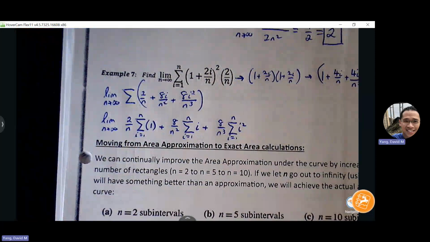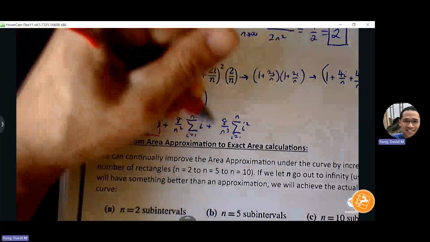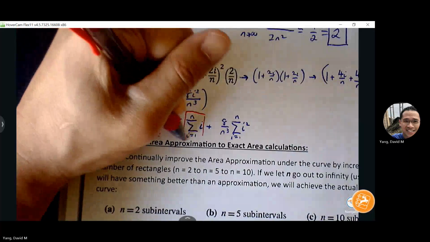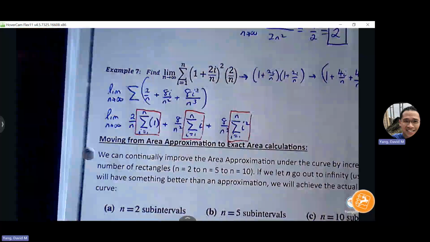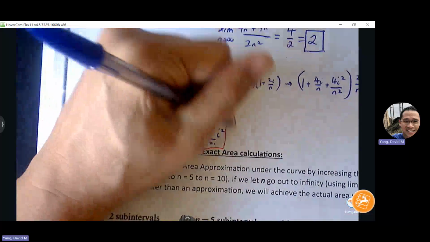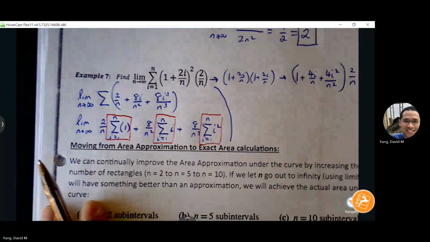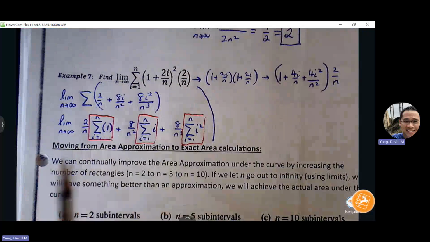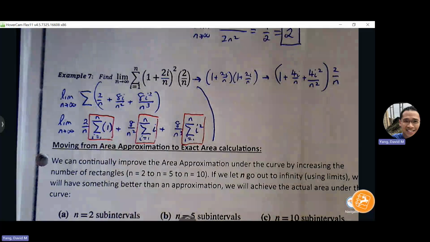So this feels pretty structured now. I just have to worry about, okay, what can I turn this into? And I'm just going to change what I've identified as something I can use my summation rules with. So summation of 1 turns into what? n. Yeah, you look at the previous page here, we have our rules.